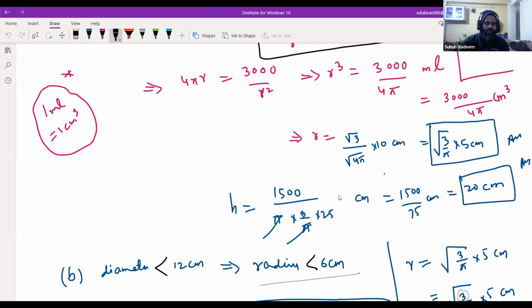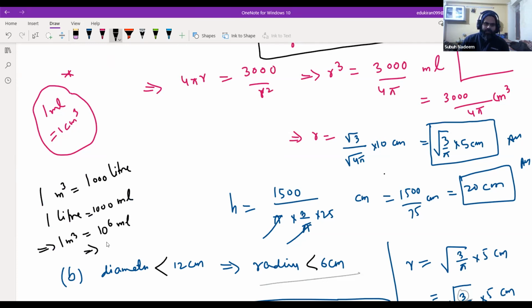And you can remember this conversion. 1 meter cube is actually 1,000 liter, and 1 liter is actually 1,000 milliliter. So you can remember that 1 meter cube is actually 10 to the power 6 milliliter, and 1 meter is 100 centimeter.